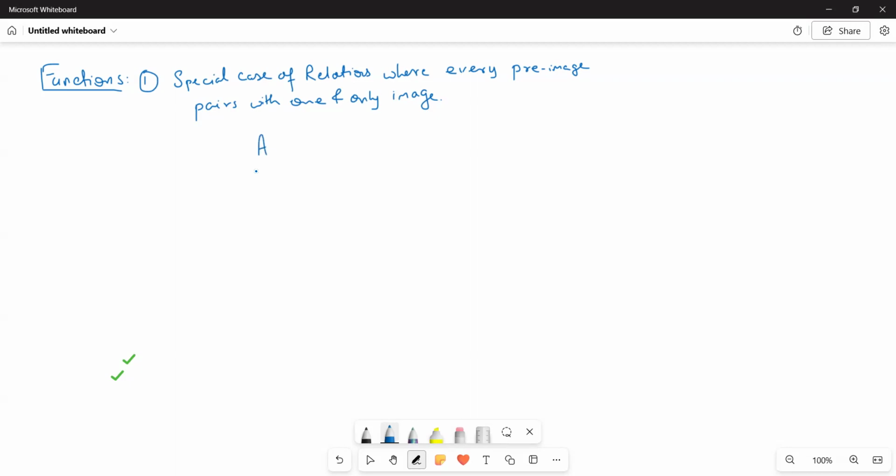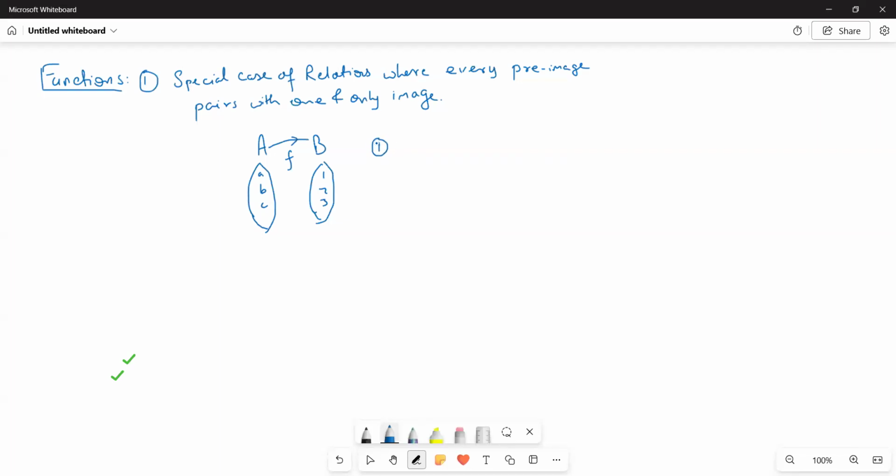Like for example, suppose we have a set A consists of A, B, C, and we have a set B. It consists of 1, 2, 3. Now, in order for a relation defined from A to B to be a function, function ko we denote by small f. Okay. For a relation to upgrade into a function, there are two restrictions applied.